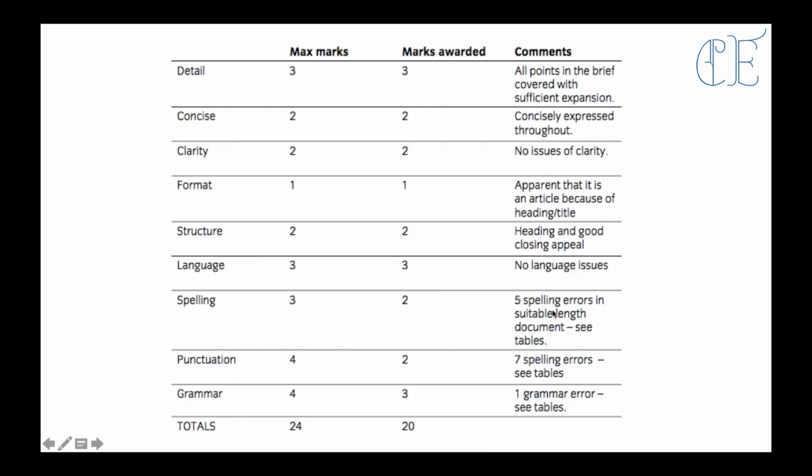So 5 actual spelling errors, and then 7 spelling errors that involved punctuation. And then grammar, he or she scored 3 out of 4 because there was a grammar error. So altogether, 20 marks out of 24, and they still made these errors. So you can see that you can actually write a really nice article with a few mistakes, and you're still going to get a really good mark and pass.